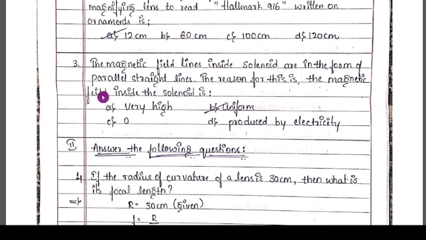Third question: the magnetic field lines inside the solenoid are in the form of parallel straight lines. The reason is that the magnetic field inside the solenoid is always uniform, because when electricity is applied, the field is uniform. So all the magnetic lines are shown as parallel lines. So the answer is uniform.